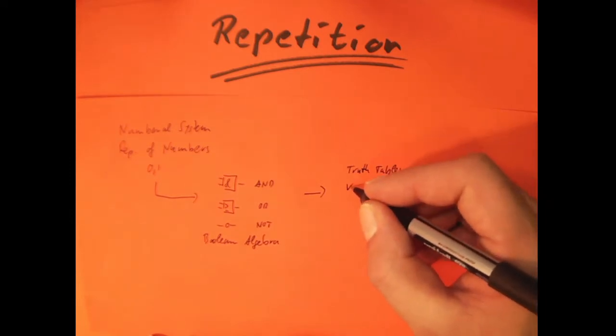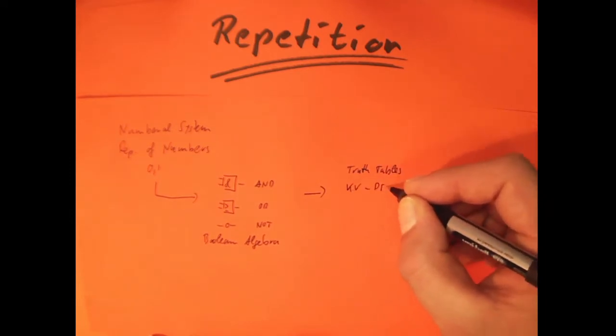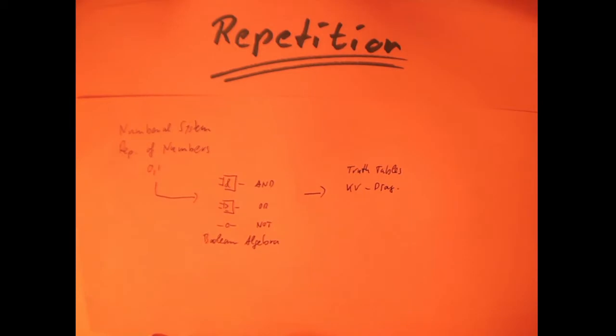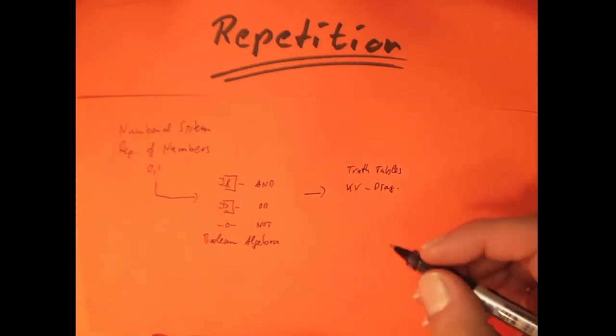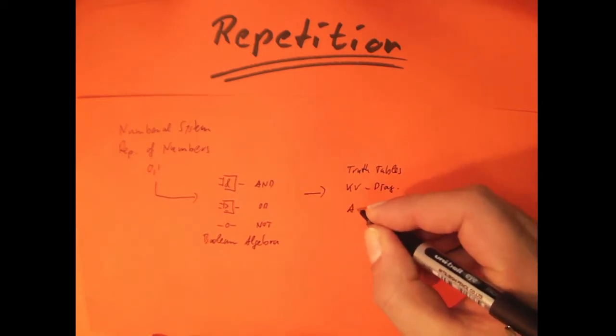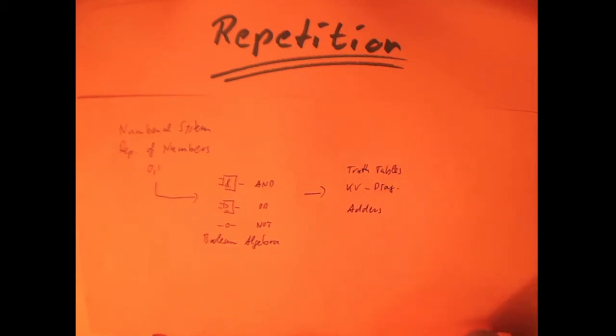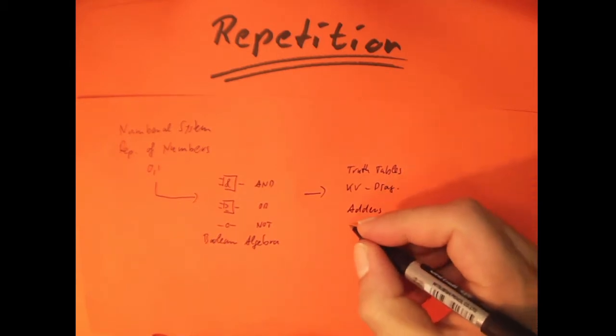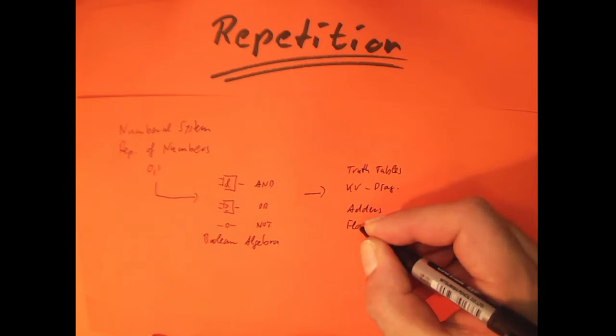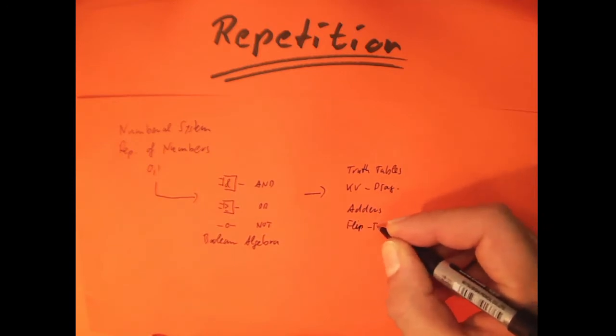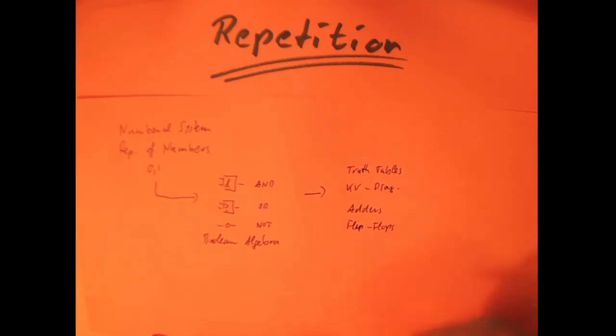So we used Karnaugh-Veitch diagrams to simplify these combinations, and then we came to things like adders or flip-flops or other things. So from simple new gate combinations to more or less complex combinations of electronic circuits.